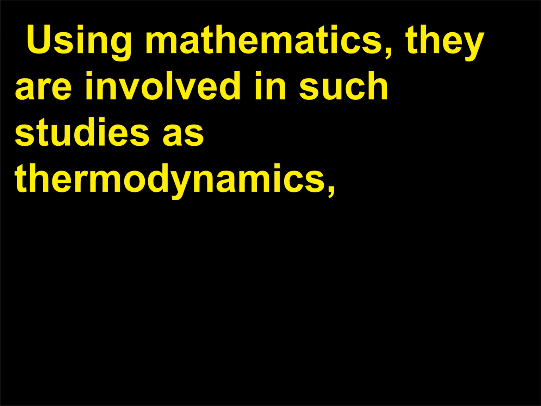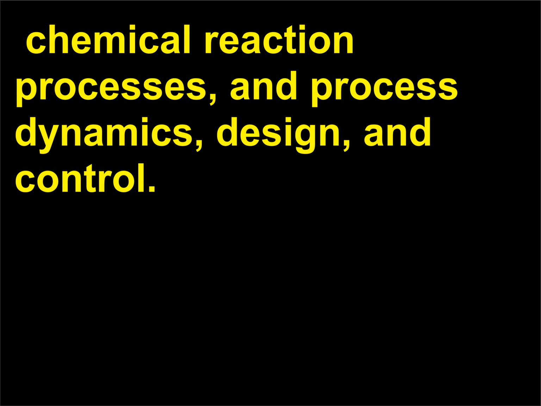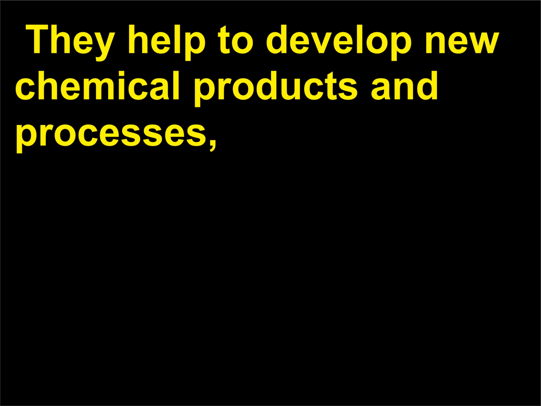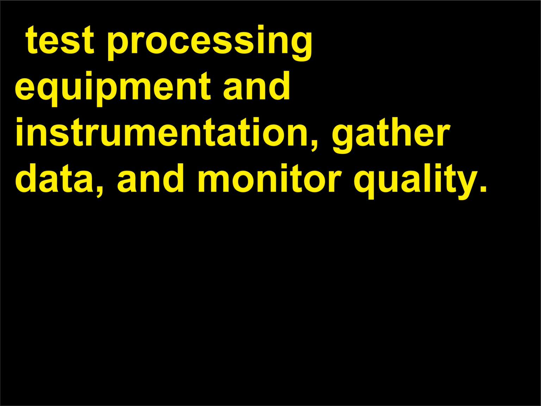Using mathematics, they are involved in such studies as thermodynamics, chemical reaction processes, and process dynamics, design and control. They help to develop new chemical products and processes, test processing equipment and instrumentation, gather data, and monitor quality.